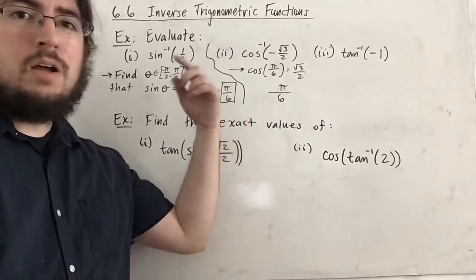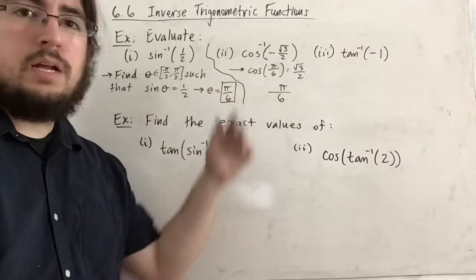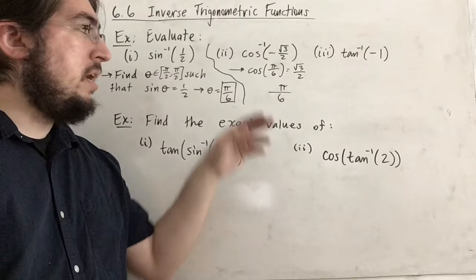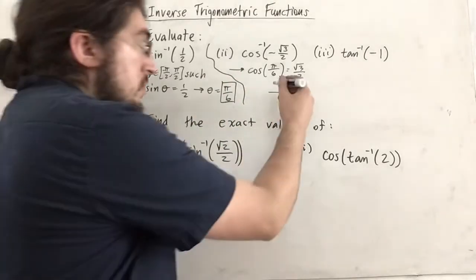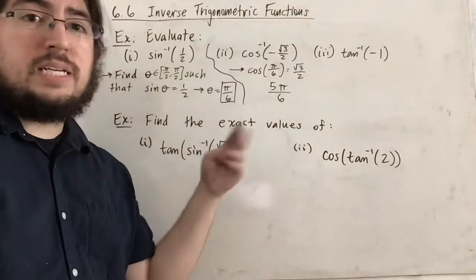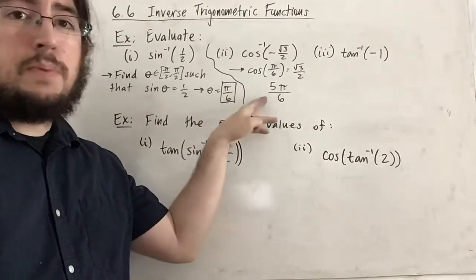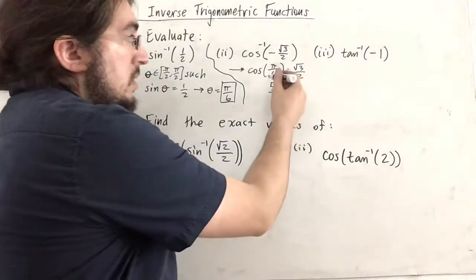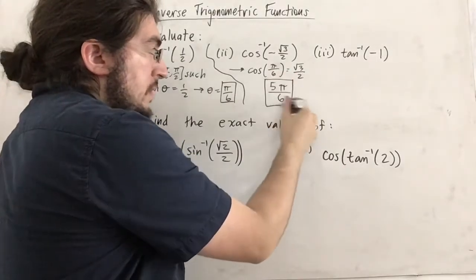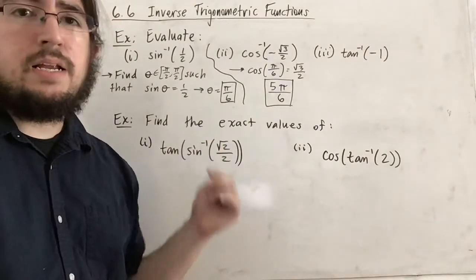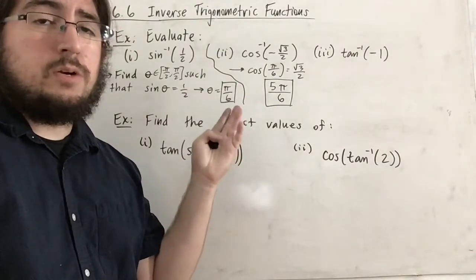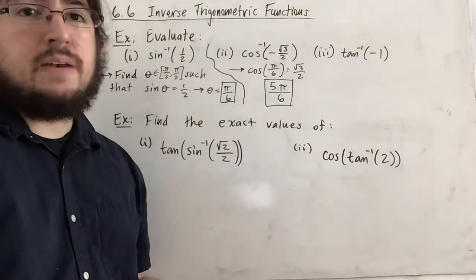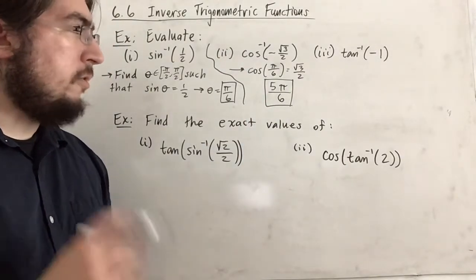So you can kind of count. 1 pi over 6, that's already this one. 2 over 6 reduces, 3 over 6 reduces, 4 over 6 reduces to 2 over 3. 5 pi over 6 doesn't reduce. And since 5 over 6 is less than 1, that means this is less than pi. So it's definitely going to be in the second quadrant. So this will actually be the value here. Believe it or not, this is in the domain 0 to pi, well, the domain for cosine anyways, but that's certainly in the range of cosine inverse. So that makes sense. Great.